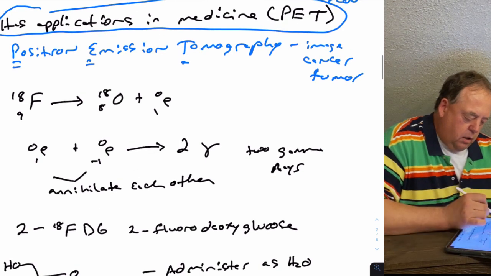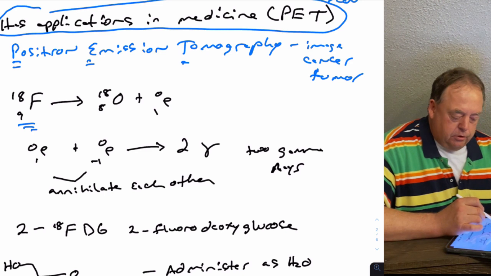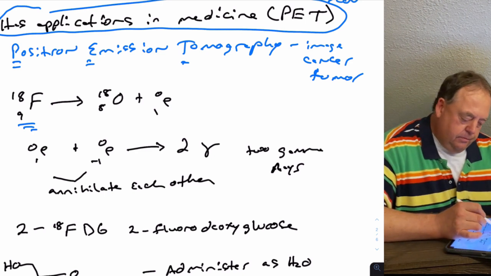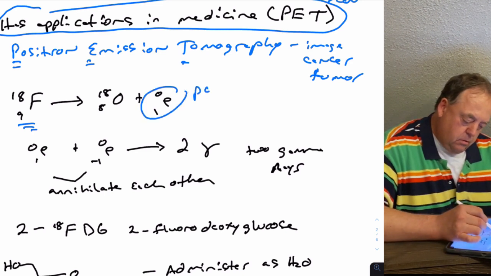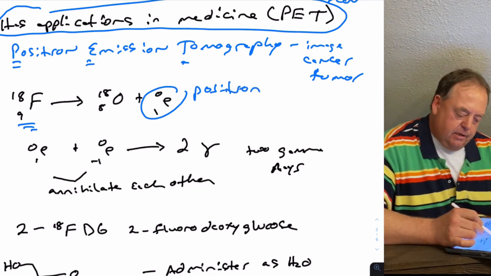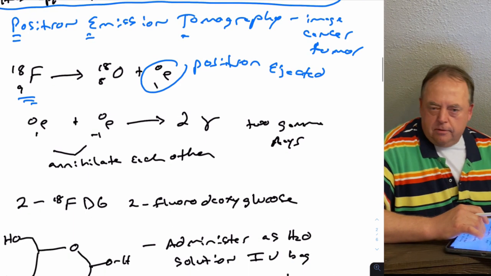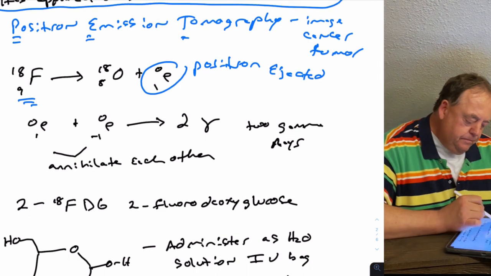One of the radionuclides that's used is fluorine-18. It'll decompose to oxygen-18 plus a positron. So what happens to this positron that gets ejected? Well, it could collide with an electron at some point.